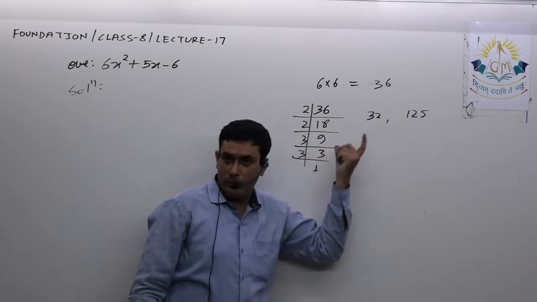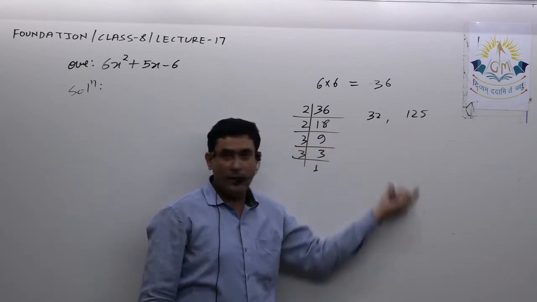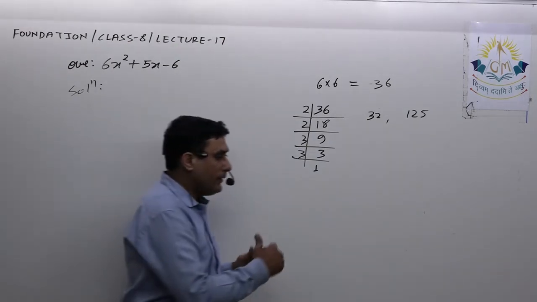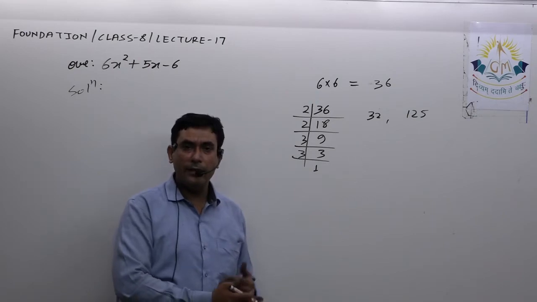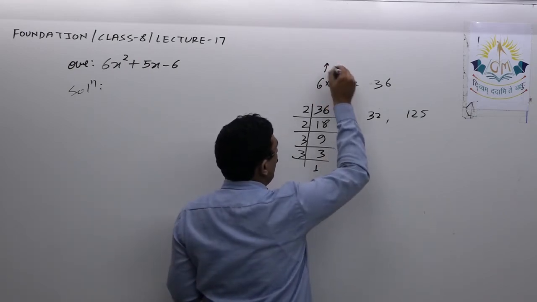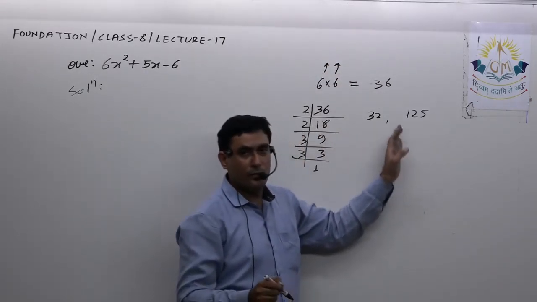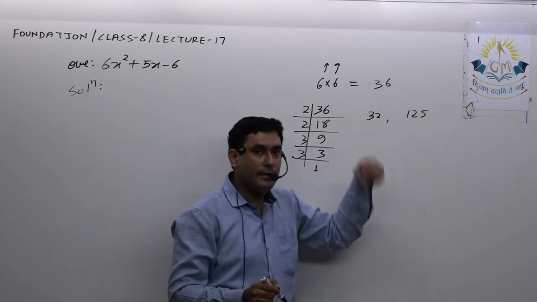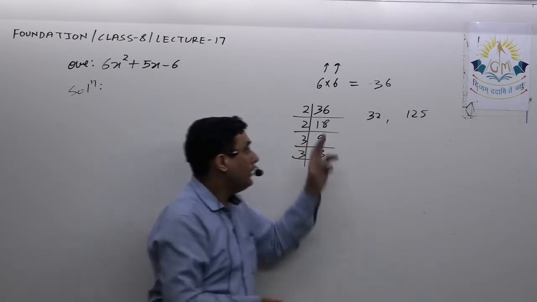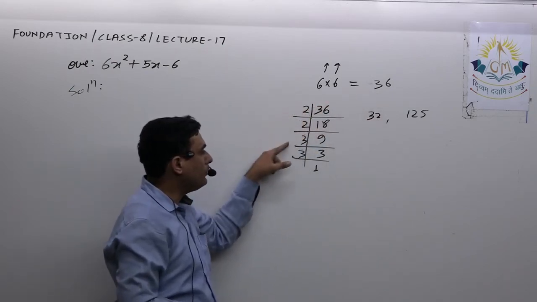According to the rule, what should I do? First I multiply a with c, and then I find the factors. Instead of doing so, it is far easier as well as time saving if I find the factors of a and c separately. If I multiply 32 with 125 and then find the factors, the factors will definitely be the same. You can see here, the factors of 36 are 2 times 2, 2 times 3.